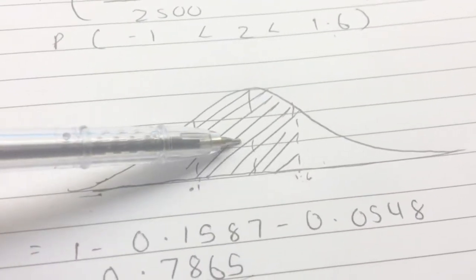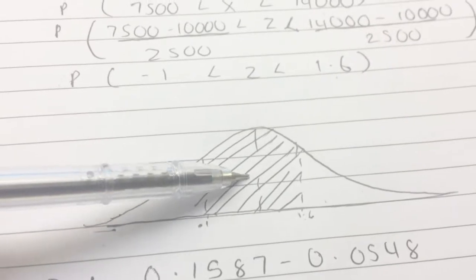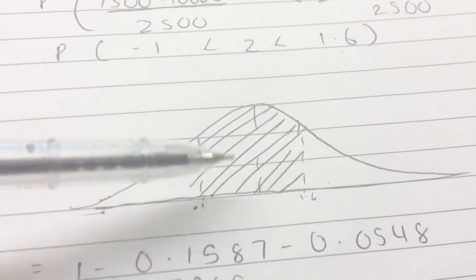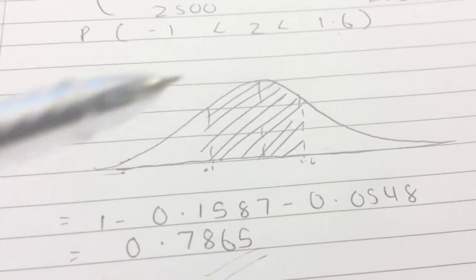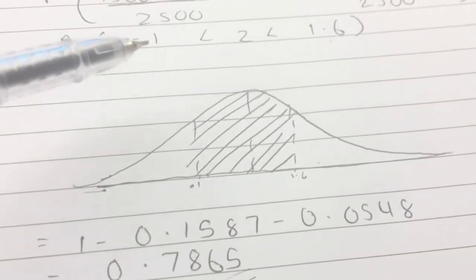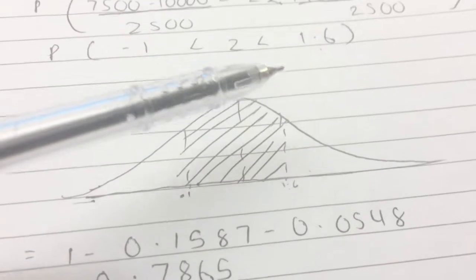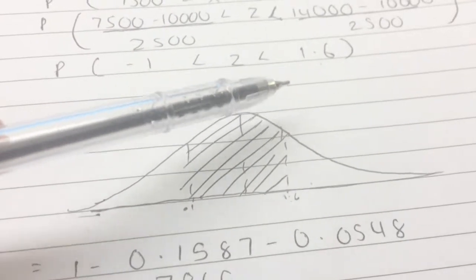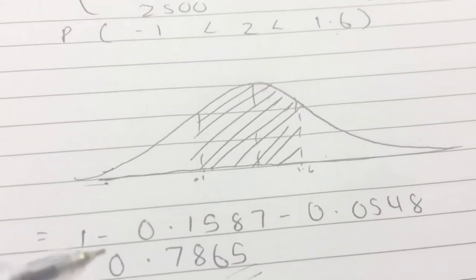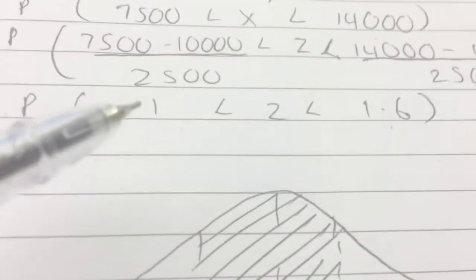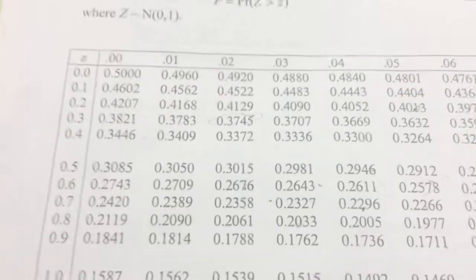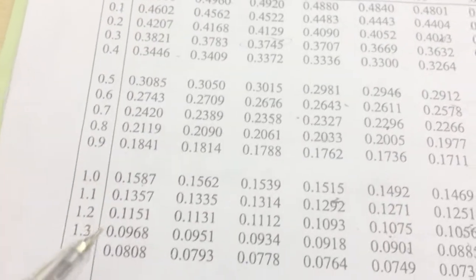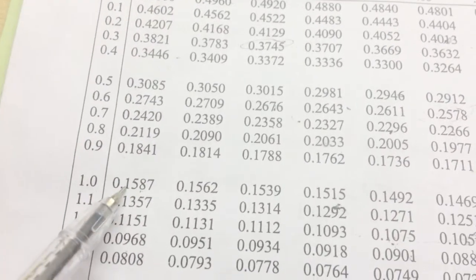To find the probability of this area, you subtract the tail probabilities from 1. So the probability of the critical value -1 and the probability of the critical value 1.6 should be deducted from 1. To find the probability for -1, you check the table, 0 and 1, which is 0.1587.